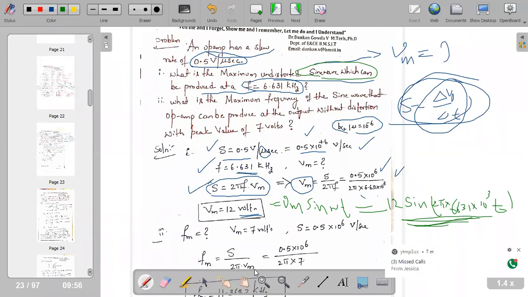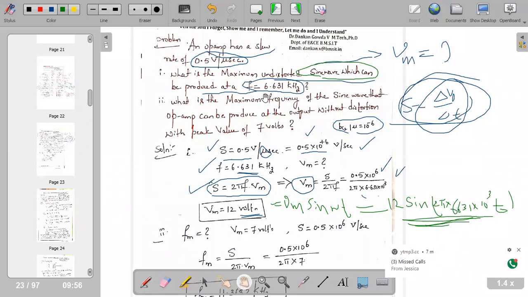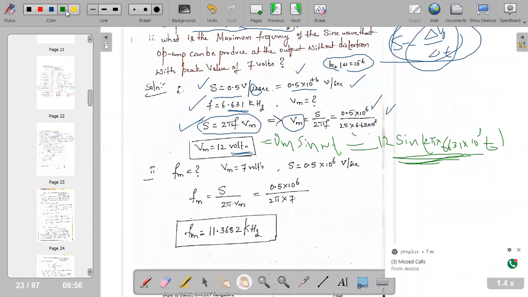You can observe the next bit here. What is the maximum frequency of a sine wave that the op-amp can produce at the output without distortion, given its peak value of the output voltage is 7? See, this is another way.